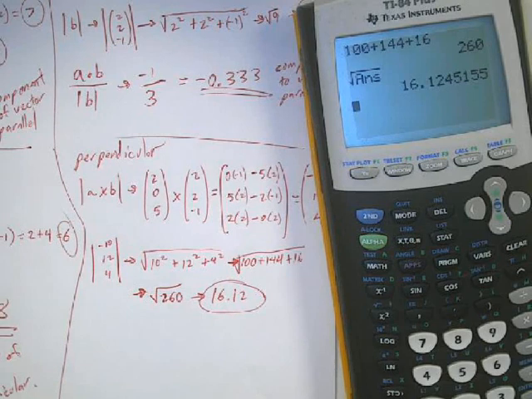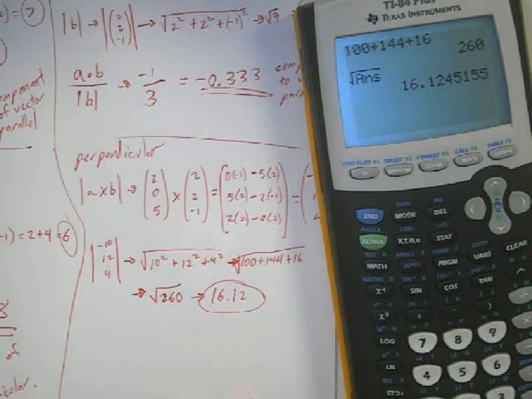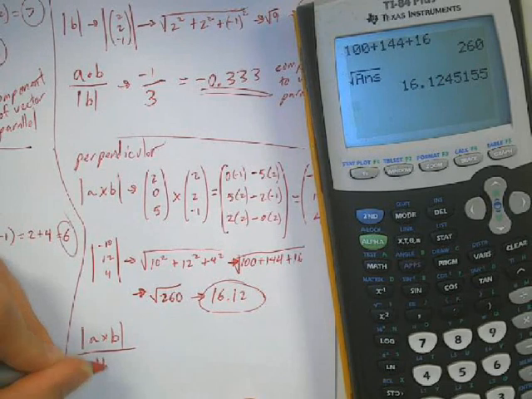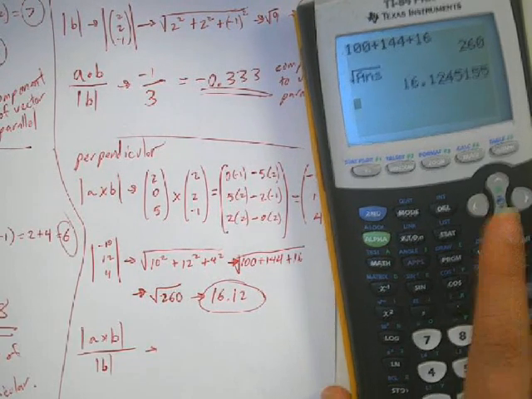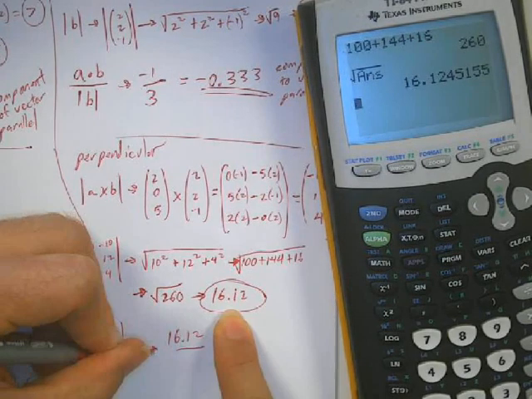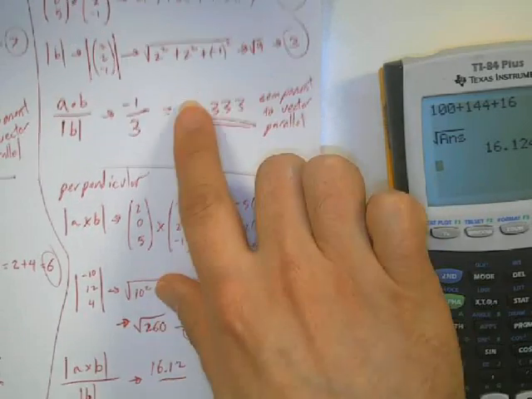Okay, so for perpendicular vectors, the component of the vector perpendicular, we use A cross B divided by the magnitude of B. So A cross B is 16.12, right? The magnitude of B we found up here was 3.